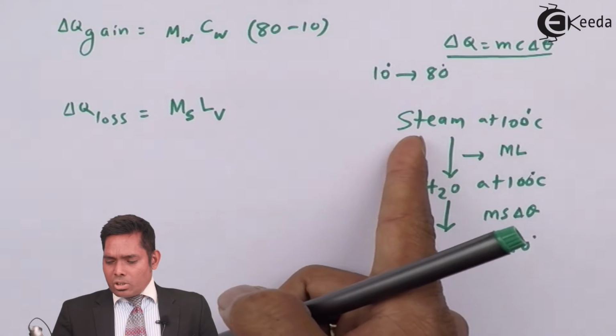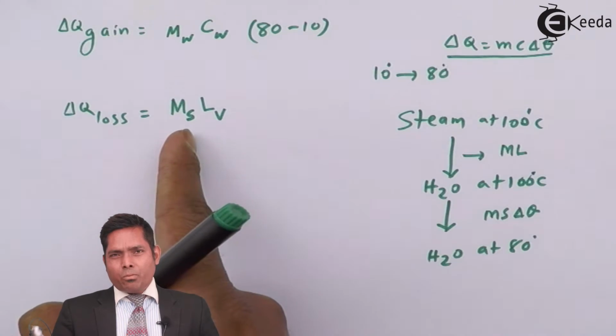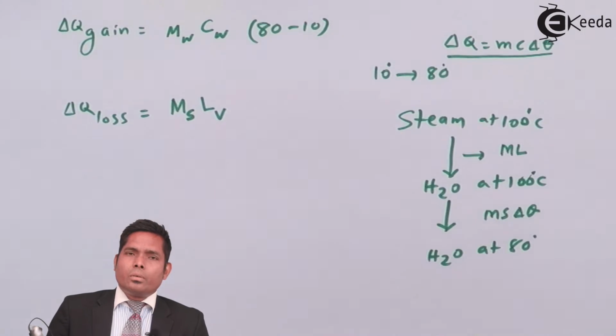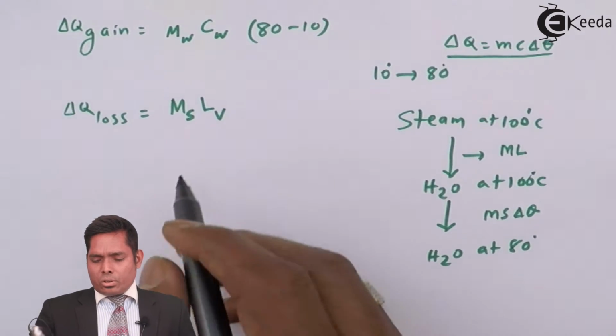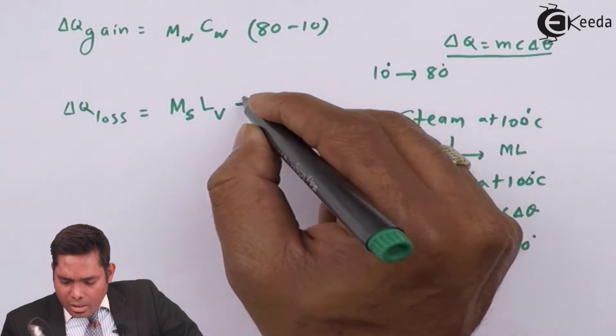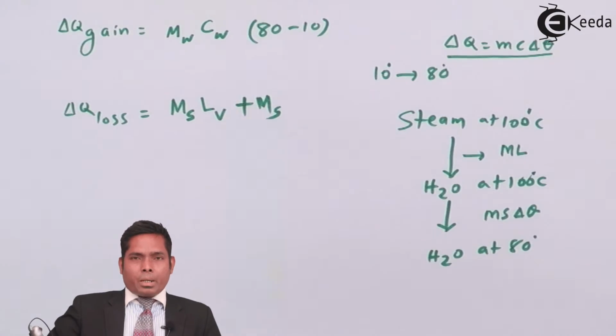So when steam becomes water at 100 degrees centigrade, the mass of the steam converted loses this much heat, plus the mass of the steam which becomes water then loses heat from 100 to 80.